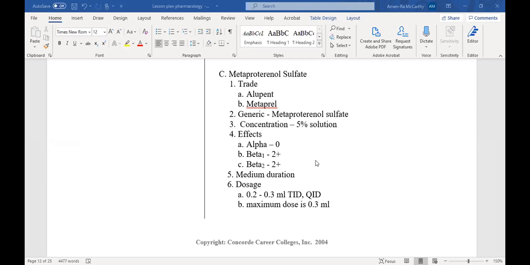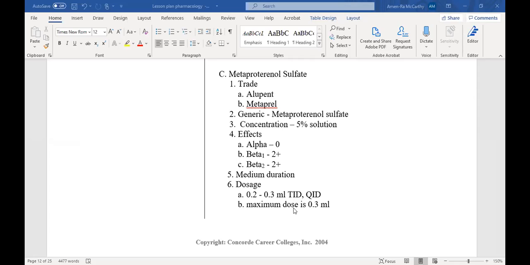Matter of fact, work that out for me right quick. The maximum dose for metoprolol sulfate is 0.3 mLs. So 0.3 mLs of a 5% solution will be how many milligrams? If I ask you what is the maximum dose of metoprolol sulfate in milligrams, you have to be able to answer that question. If you memorize, oh, that's 0.3 mLs, but I might not give you 0.3 mLs. I might give you the choices in milligrams.